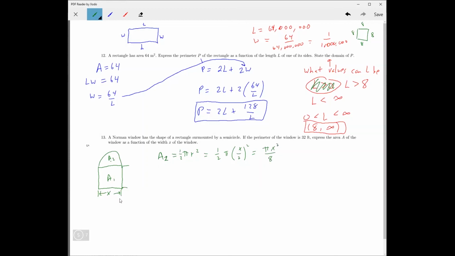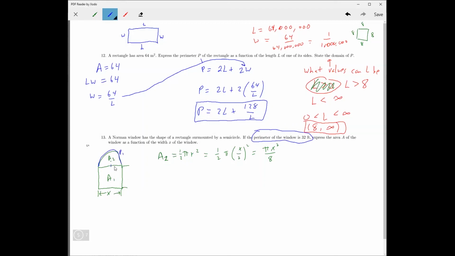That's area 2. Now the perimeter. Let's take a look at this part right here. The perimeter is 32 feet. We'll call this part P1.